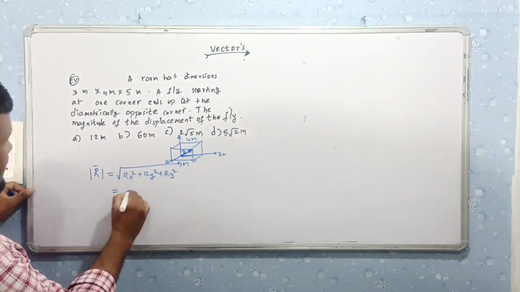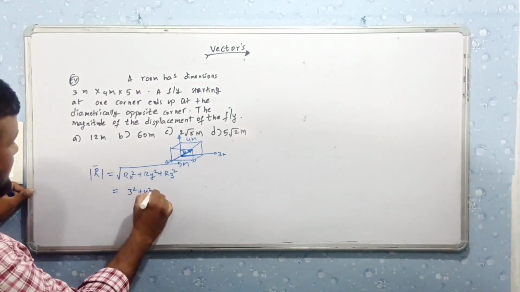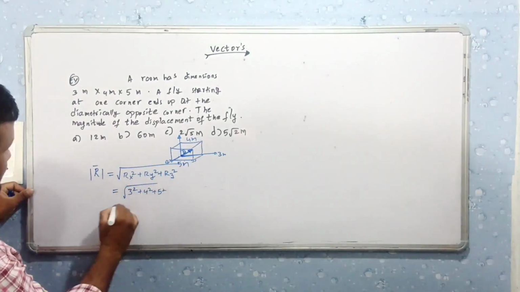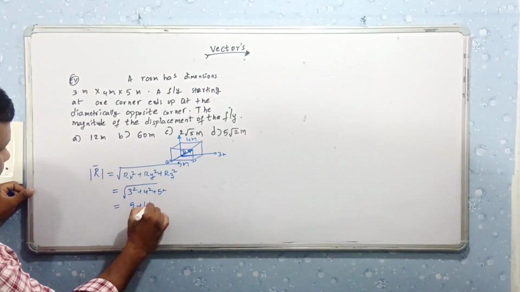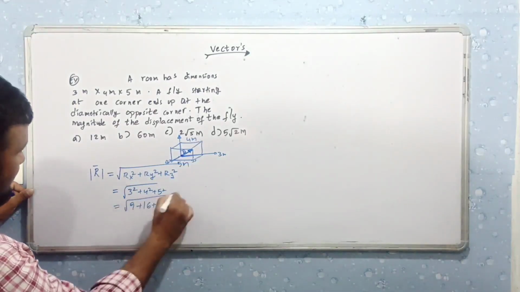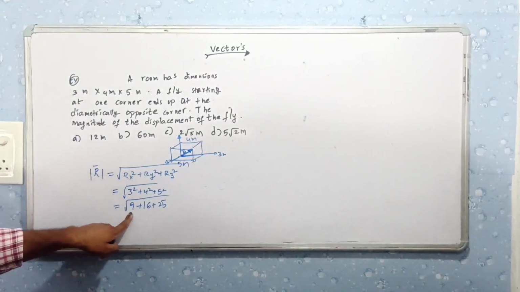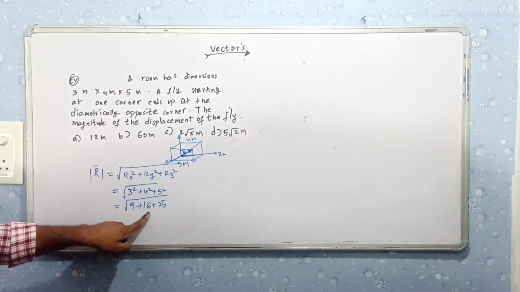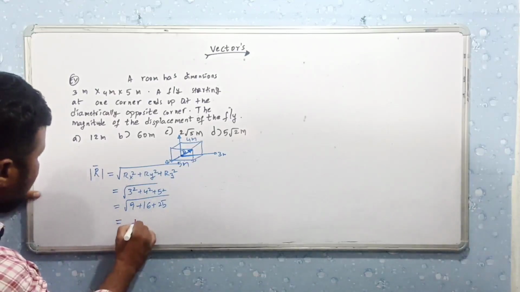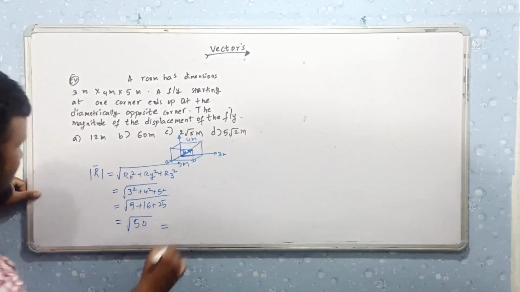So 3 square plus 4 square plus 5 square, 9 plus 16 plus 25, 50, root 50.